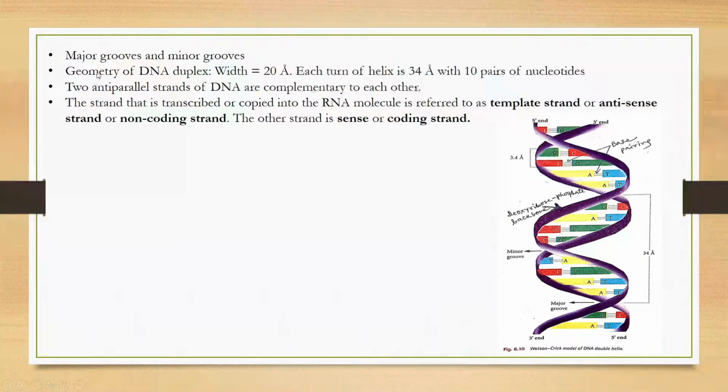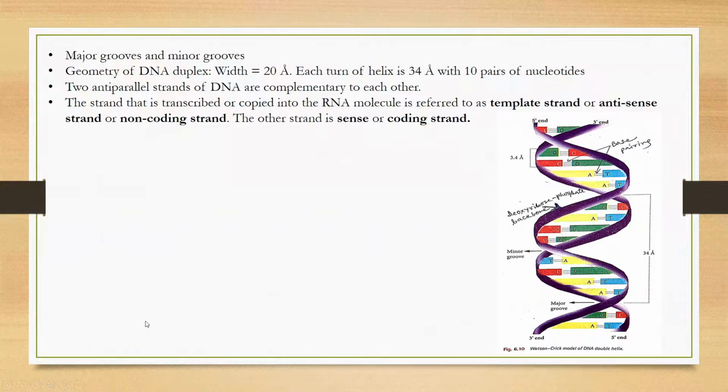So the coiling of the two strands creates the major groove and the minor groove on the surface of the duplex, and proteins interact in these grooves with DNA without disrupting the double helix.